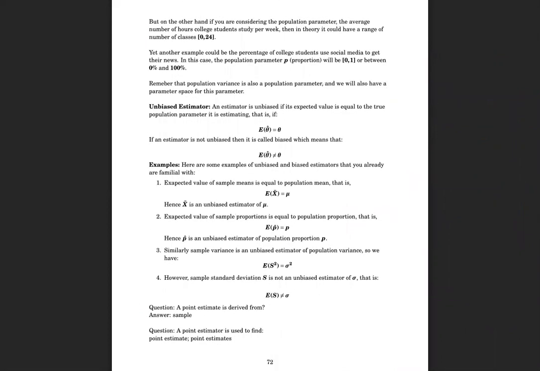And unbiased estimator. So if you have a point estimator, and the expected value of the point estimator is equal to theta, then we say it's an unbiased estimator. For example, expected value of the X bar is equal to mu. Expected value of the P hat is equal to P. So these are unbiased estimators.